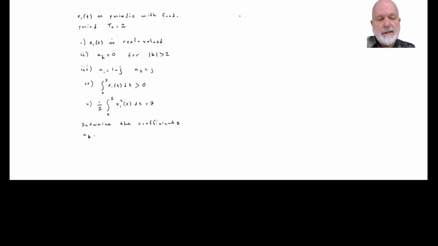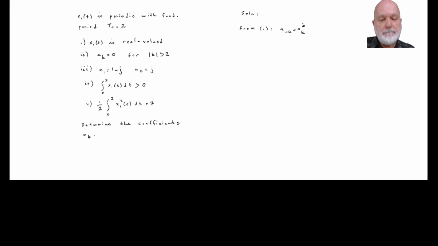Okay, so how do we solve this problem? The solution is as follows. Let us use the information given in the statement of the problem. x1 of t is real valued, so from the first statement, we know that for real valued signals, a minus k is equal to ak conjugate.